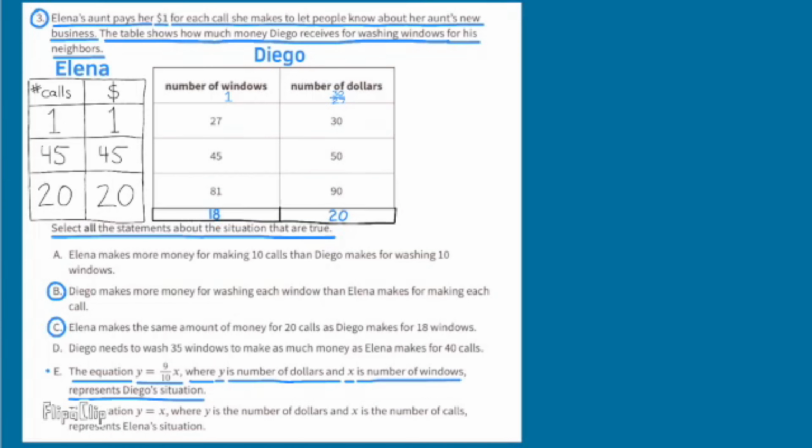E. The equation y equals 9/10 x, where y is the number of dollars and x is the number of windows, represents Diego's situation. Let's use the bottom row in Diego's table and substitute the 20 for y and substitute 18 for x. Now I have an equation that reads 20 equals 9/10 times 18.